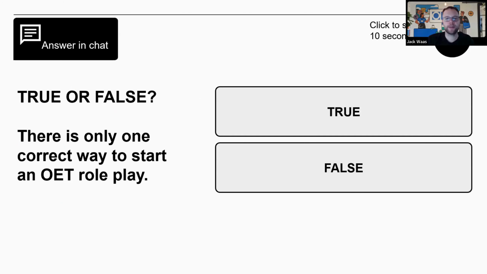But first, I want you to think about this question. I'm going to give you 10 seconds to answer in the chat. True or false? There is only one correct way to start an OET roleplay. What do you think? Go ahead and write your thoughts in the chat.